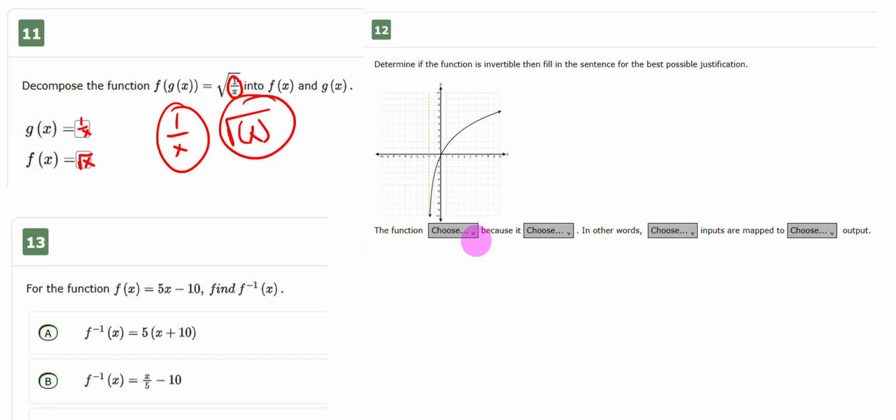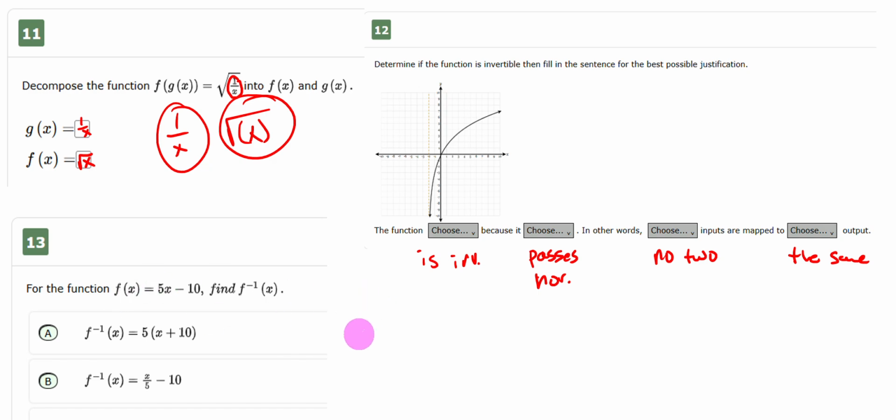The function is invertible. It passes the vertical line test, horizontal line test. In other words, no two inputs are mapped to the same output.